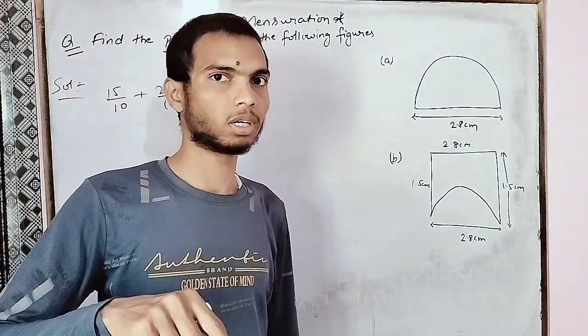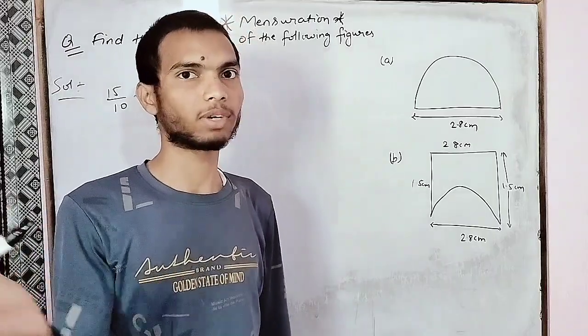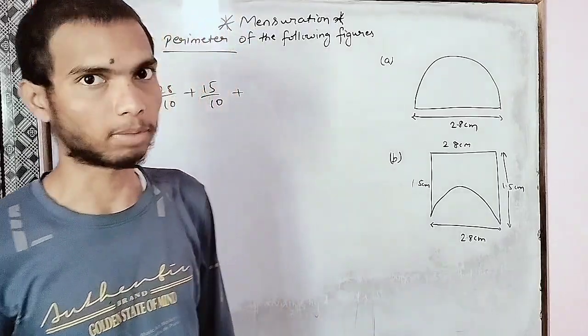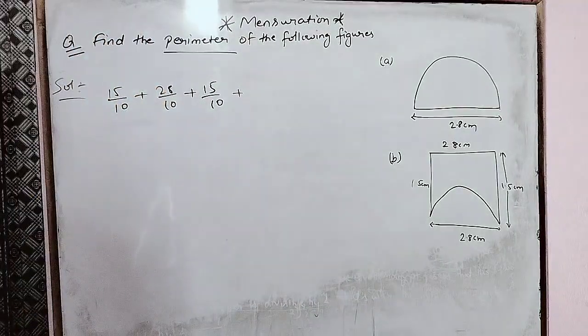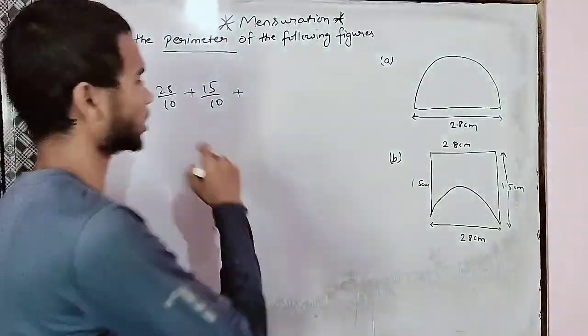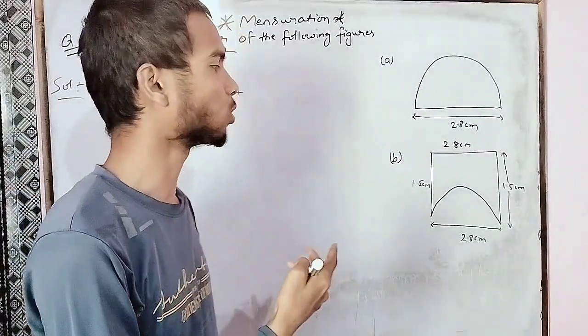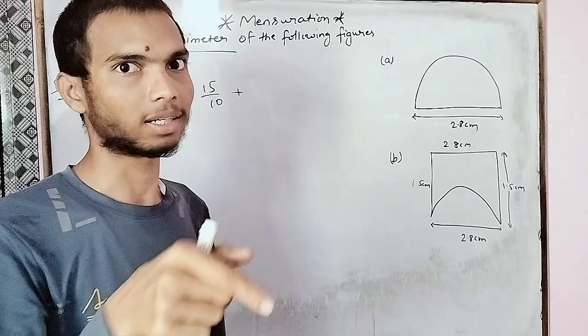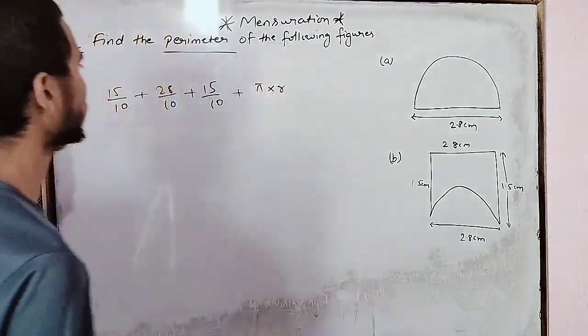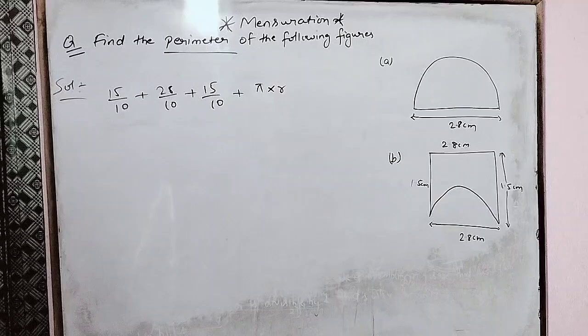So to find the radius, we just divide the diameter 2.8 by 2. Then we get the radius of that semicircle. Since we have a semicircle, we have half, so we will write pi r. Now we will simplify it. Then we will have an answer.